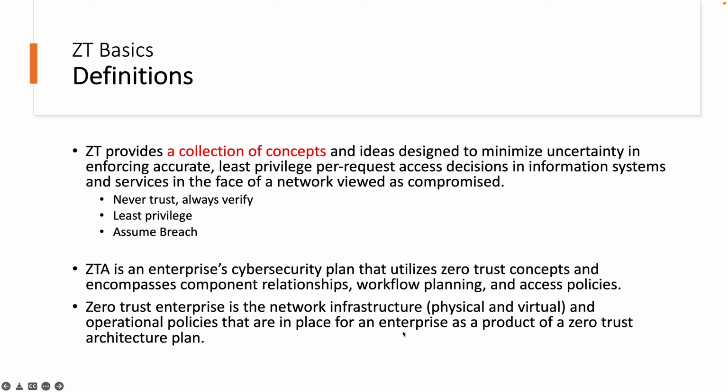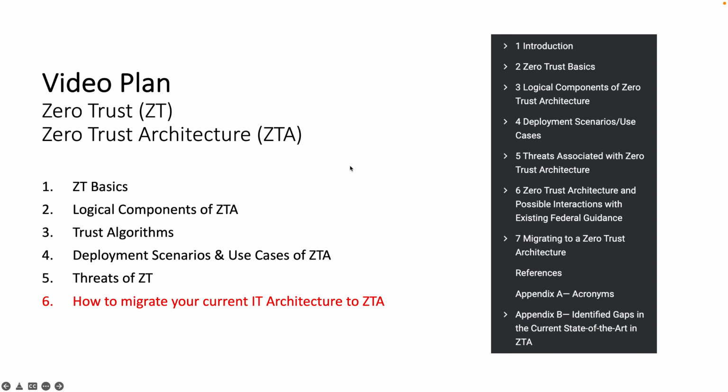However, currently, almost all enterprises are not using pure zero trust architecture. In the sixth video, we'll talk about in detail why currently no enterprise is using pure zero trust architecture. Basically because it's impossible for an organization to migrate to zero trust in a single technology refresh cycle.